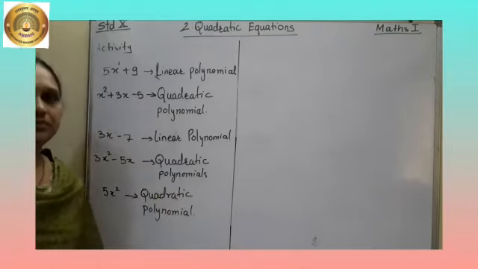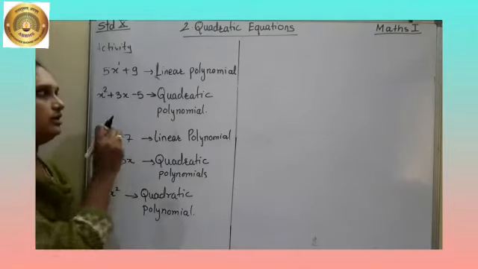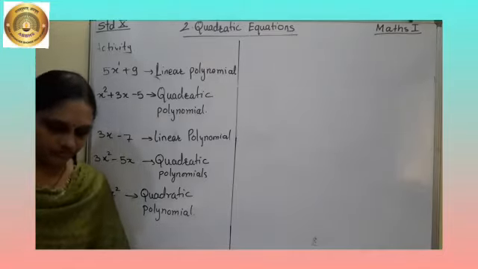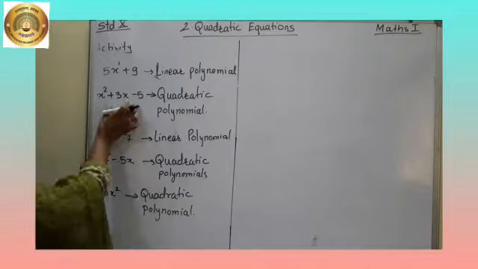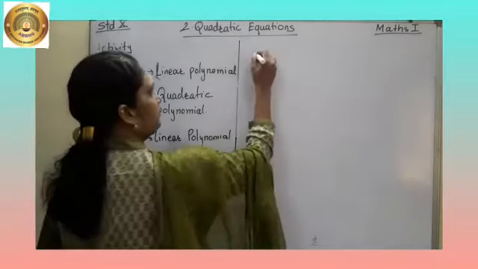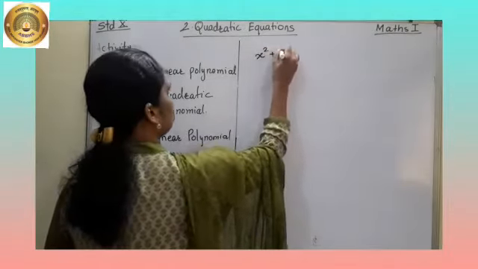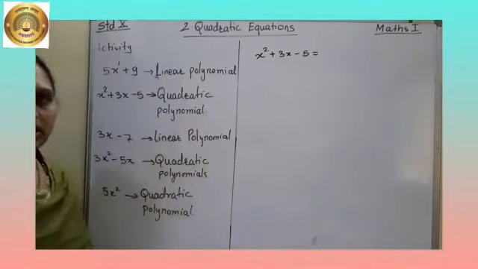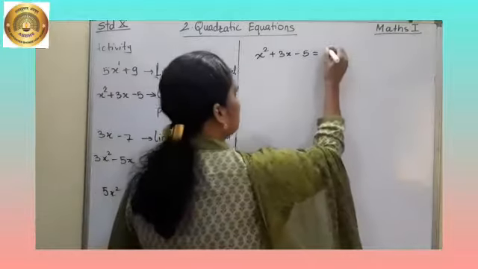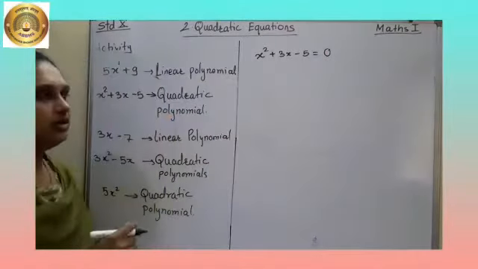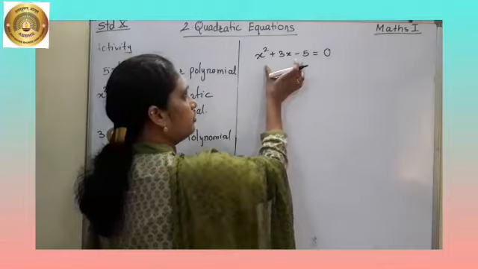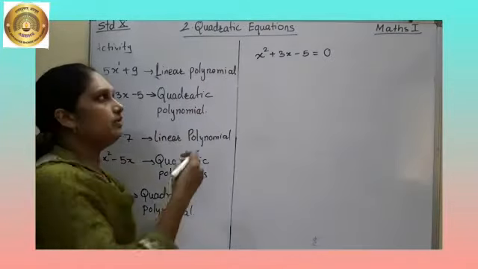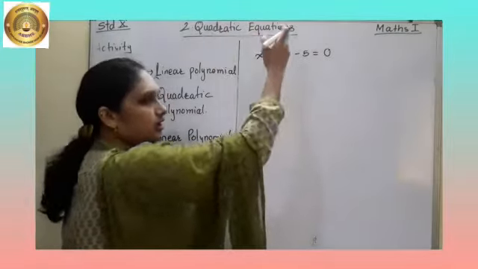So is the concept clear? So we studied linear polynomial and quadratic polynomial. Now further, if I write this quadratic polynomial, see, x square plus 3x minus 5, and if I write an equal sign and give 0 in front of this, or if I equate this quadratic polynomial to 0, that we will now call a quadratic equation.